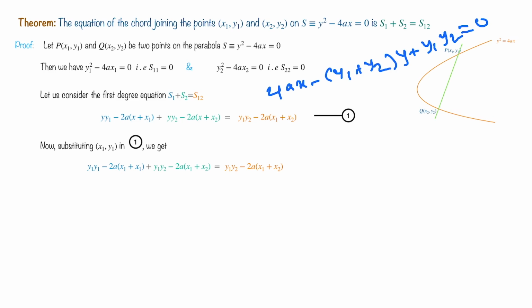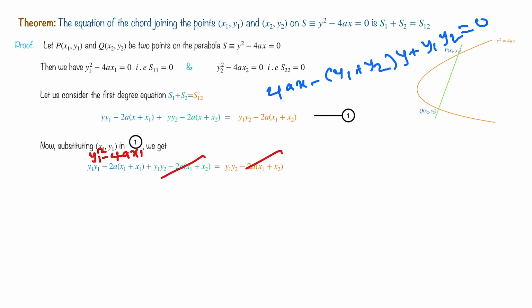Here, y1 times (y1 minus 2a of x1 plus x1), this whole thing gets simplified to y1 square minus 4a x1. And this y1 y2 minus 2a of x1 plus x2, here also we have the same thing, y1 y2 minus 2a of x1 plus x2.